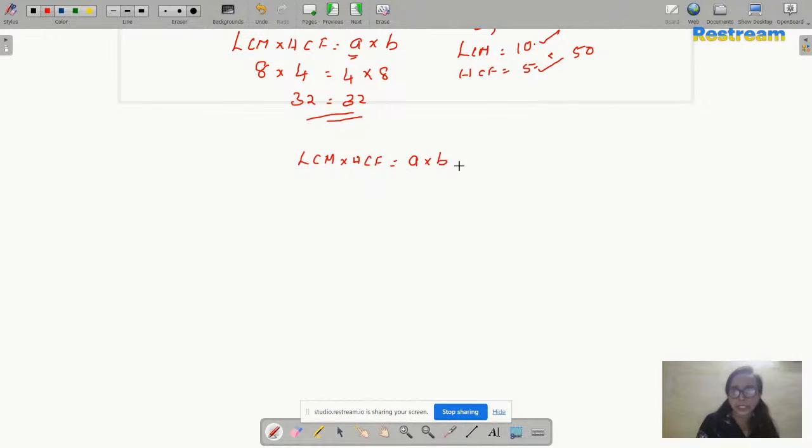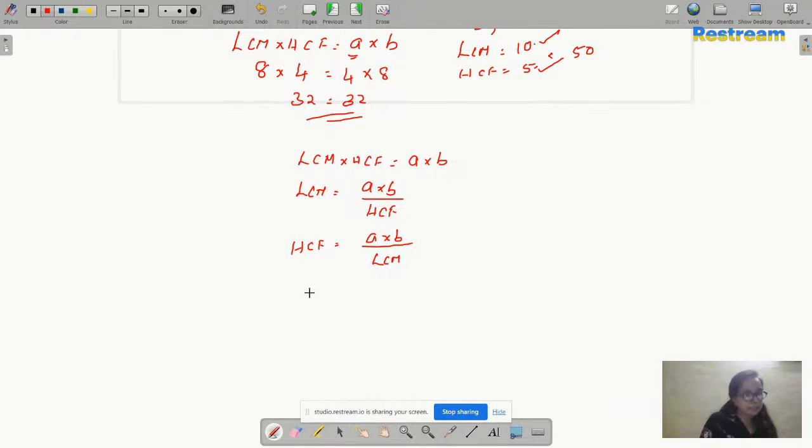Product means multiplication, A into B. So LCM is equal to product upon HCF. Got it? Suppose you want to find the HCF of two numbers: HCF is equal to the product A into B upon LCM. Is it clear to you?